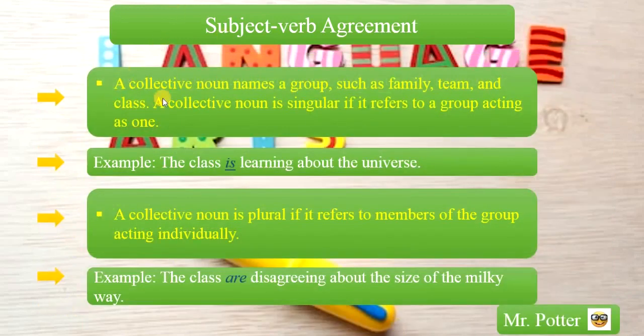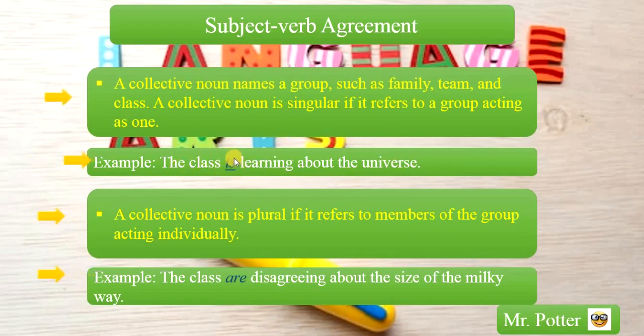Collective noun. A collective noun names a group such as family, team, class. A collective noun is singular if it refers to a group acting as one. Example, the class is learning about the universe. We are using is because we are talking about the class, about the group, only one group.